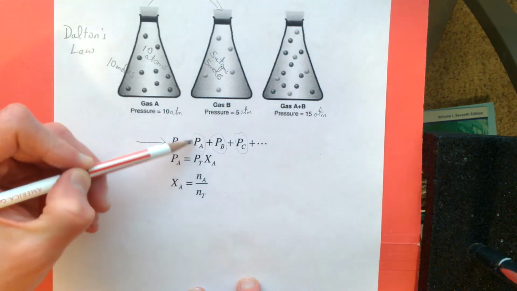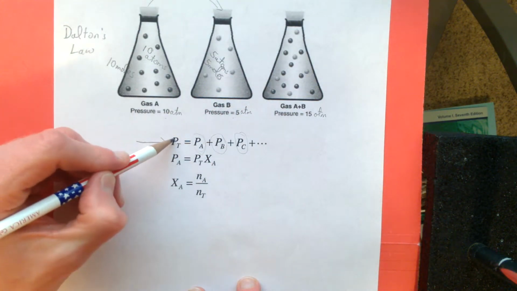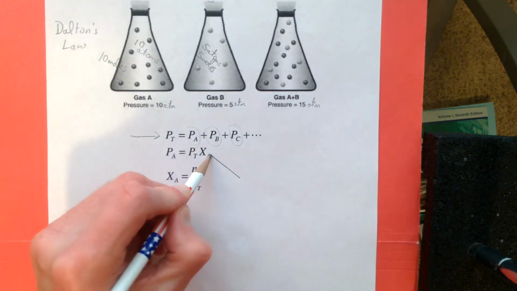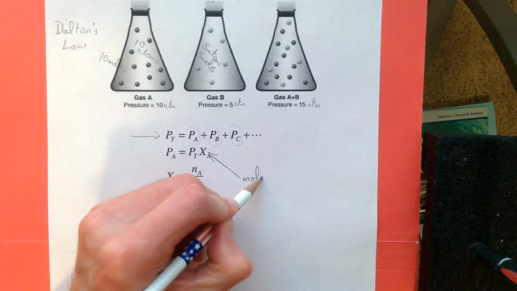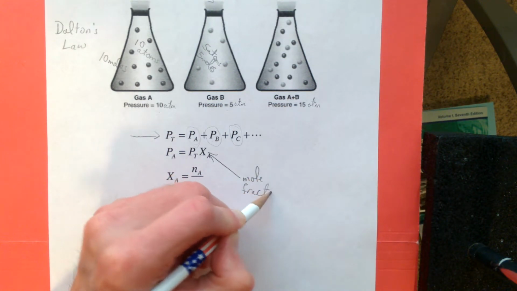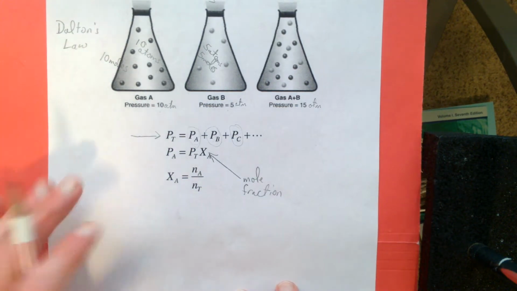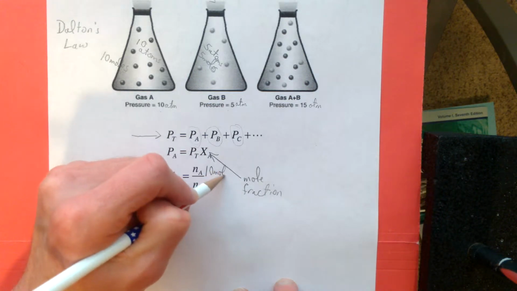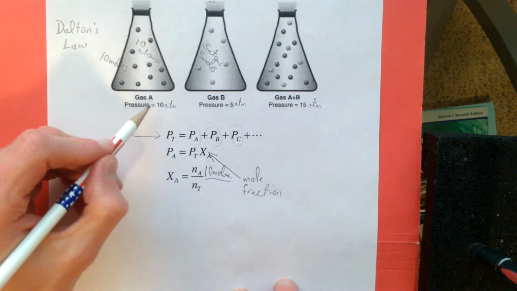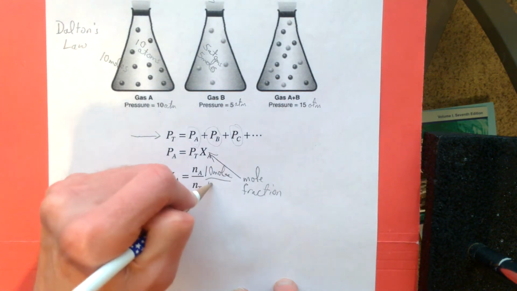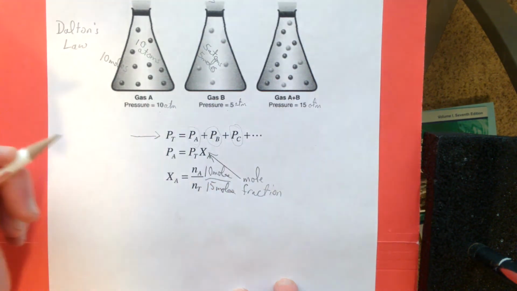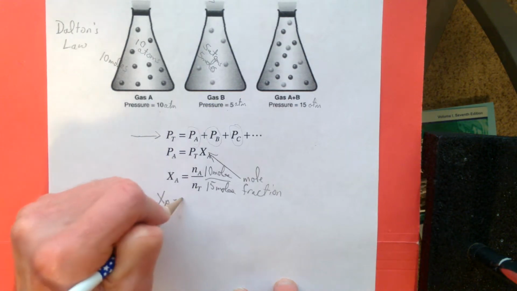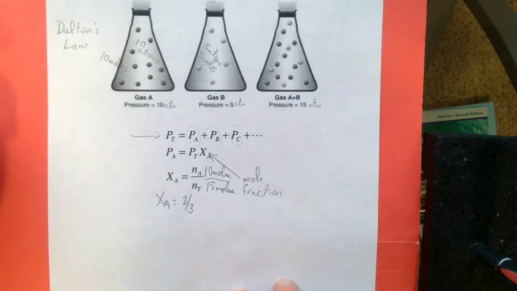A partial pressure from a total pressure can be calculated using something called the mole fraction. In our case, for A here, there were 10 moles, and the total number of moles was 15 moles. So the mole fraction is 10 over 15, or 2/3.